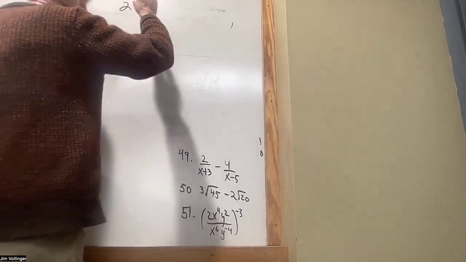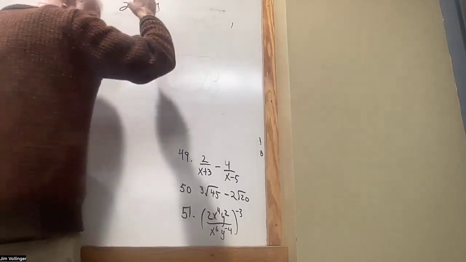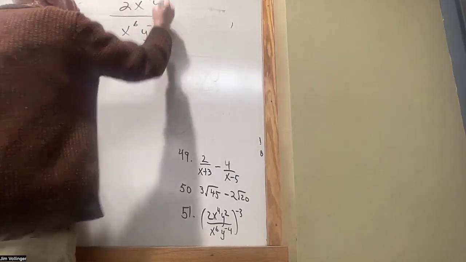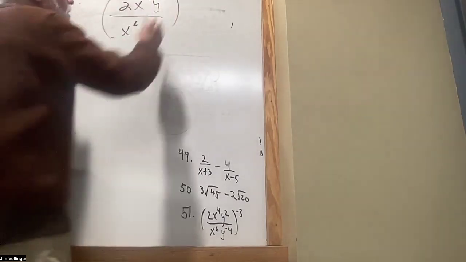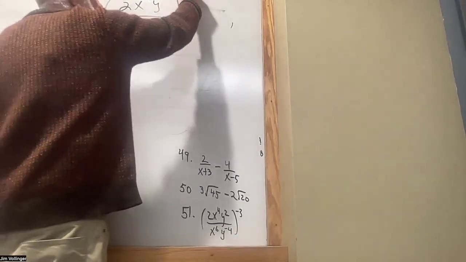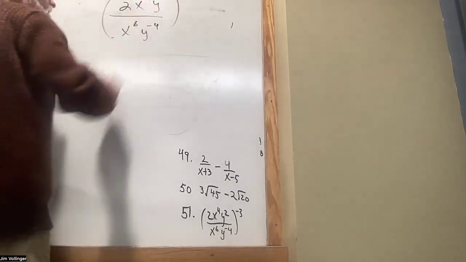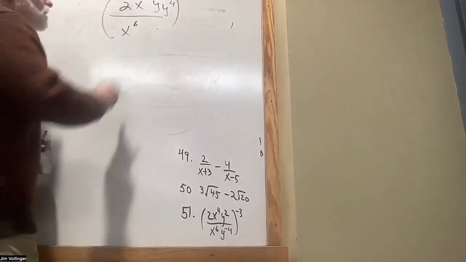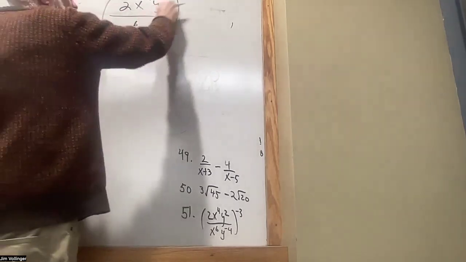Last problem. Last problem. I don't even want to bend over here. 2x to the 4y squared over x to the 6y to the negative 4, all to the negative 3. I'll do this last. I got positive exponents. I'm going to move this negative upstairs as a positive. Y squared y4 is y to the 6.